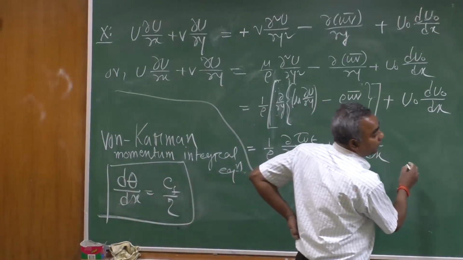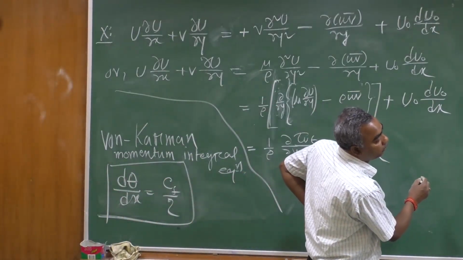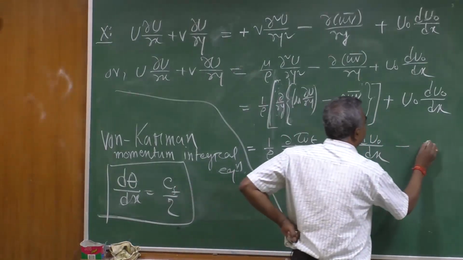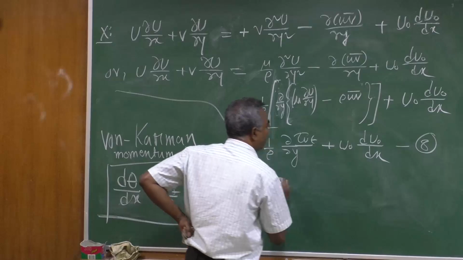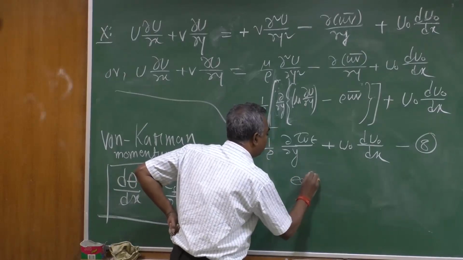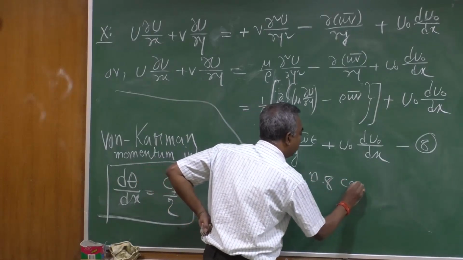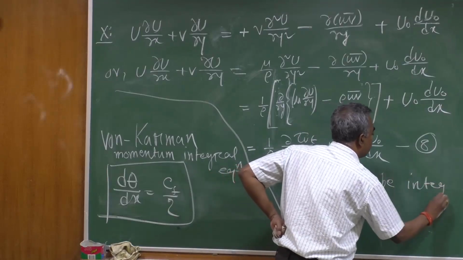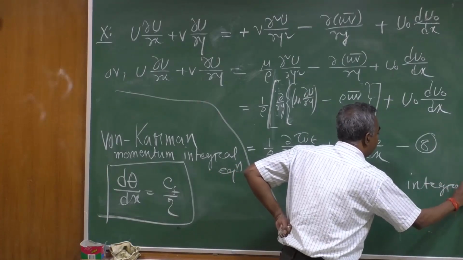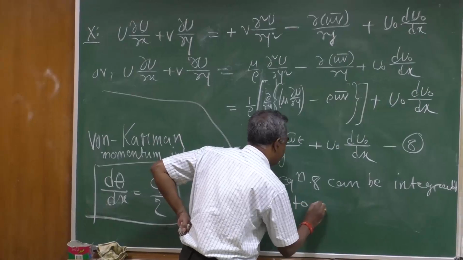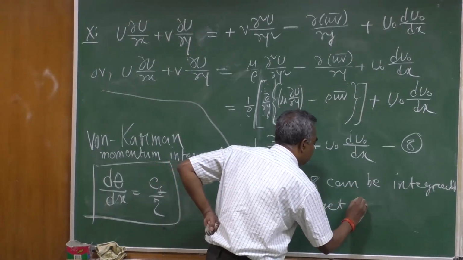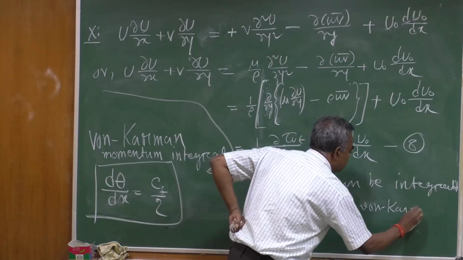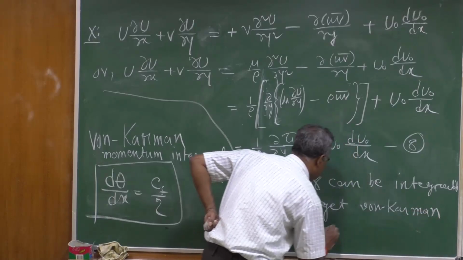So, let us say this is your 6, 7, okay, let us say 8. So, equation 8 can be integrated to get that von Karman integral equation.